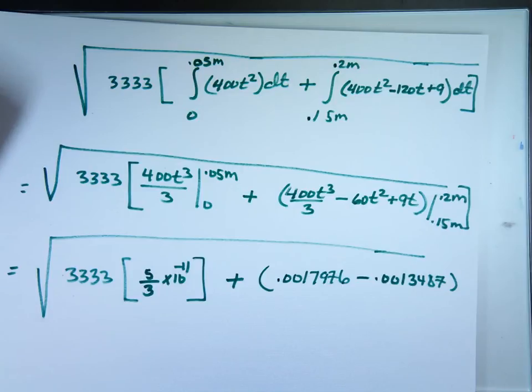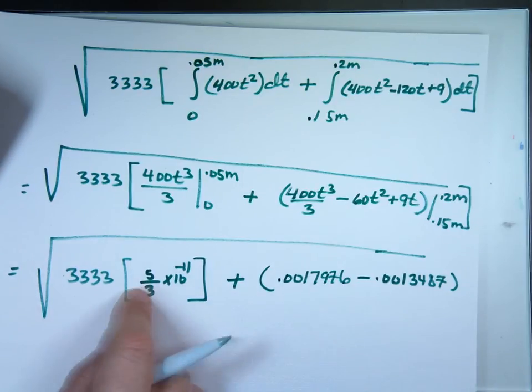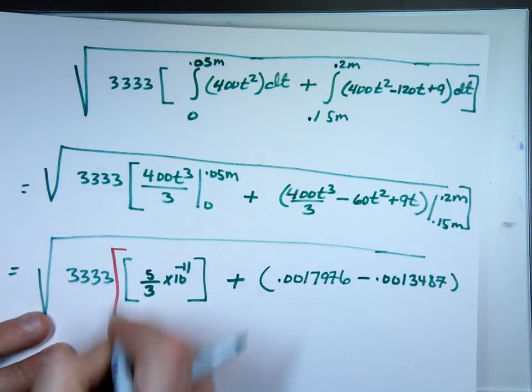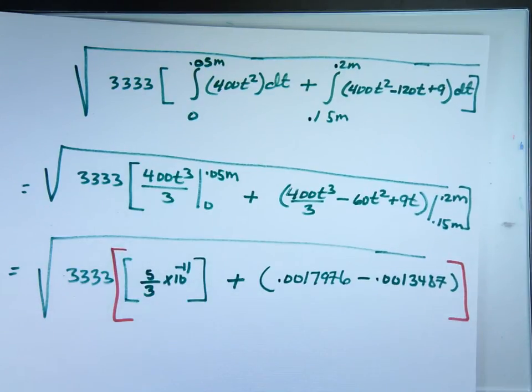So now subtract these numbers, add to it this, and multiply the result by 3333. Take the square root of that, and we are in good shape. 0.001796 minus 0.00138487 equals, that's this piece.